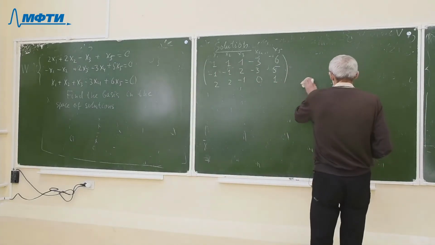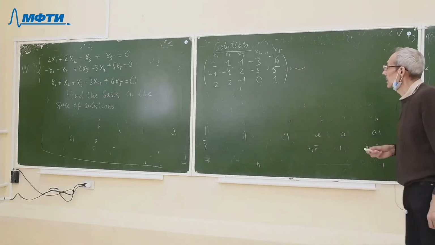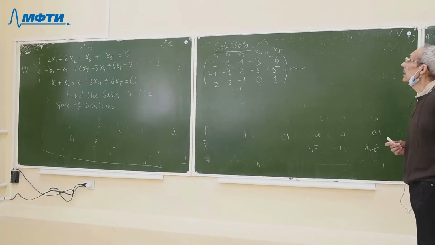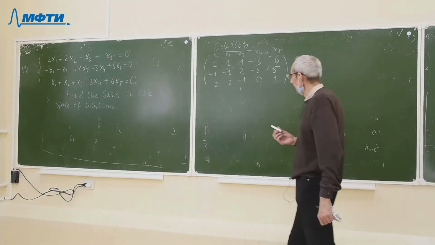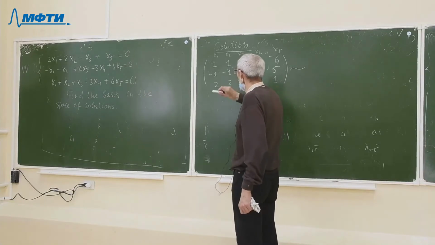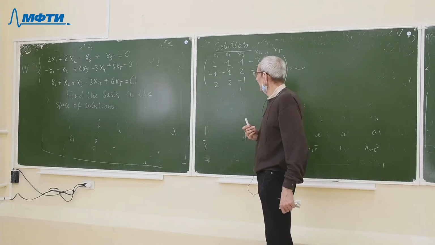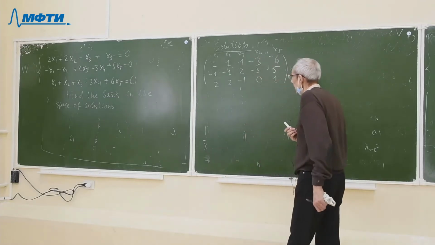And we will use the Gaussian elimination method, and our aim is to obtain 0 in the first column.